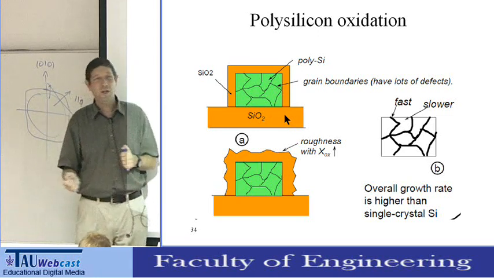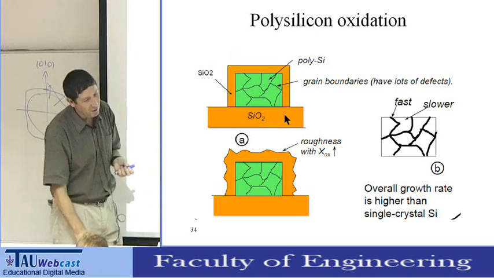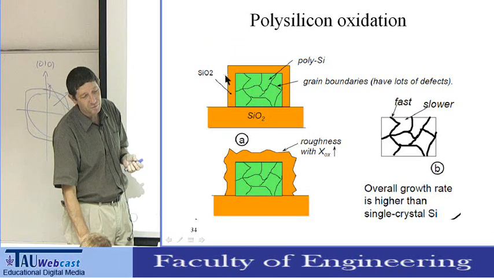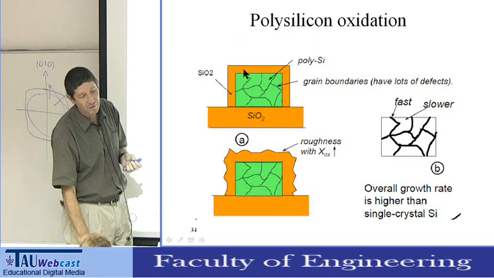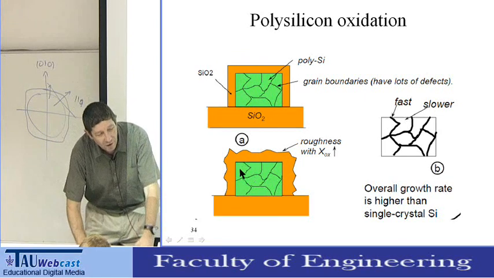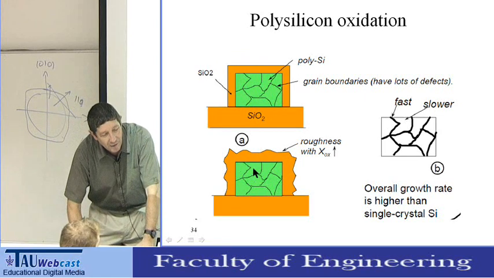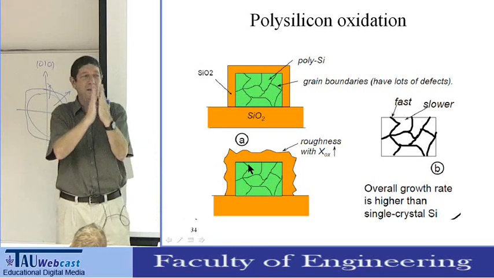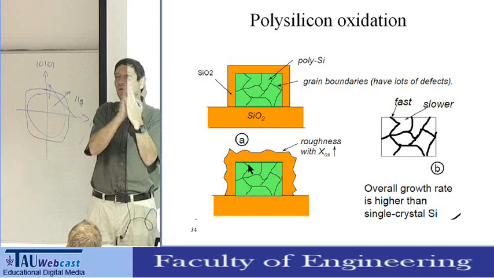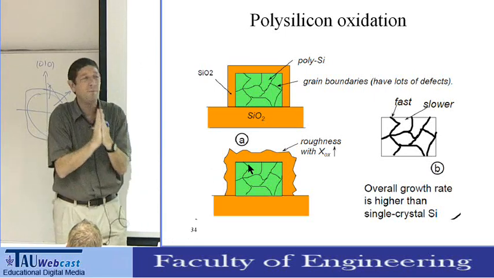Another interesting oxidation, and this is about the end of the lecture, is oxidation of polysilicon. Polysilicon also oxidizes very nicely, but polysilicon has one crystallite and a second crystallite next to it. Between the two crystals, there is an area which is a transition region. We call it a grain boundary.